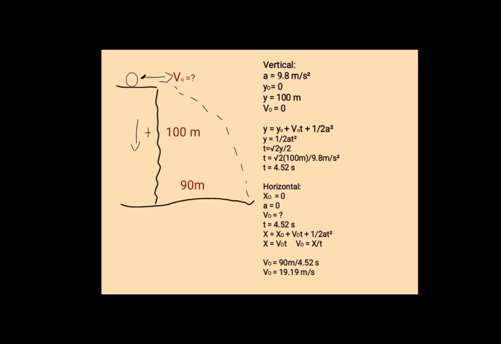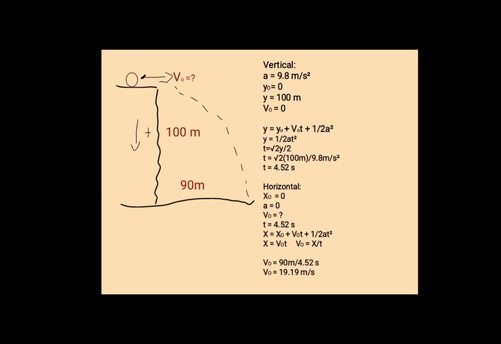In the vertical or y-axis, given a, or the acceleration, is 9.8 meters per second squared, or gravity. The initial velocity is 0. Y, which is the height of the cliff, is 100 meters.